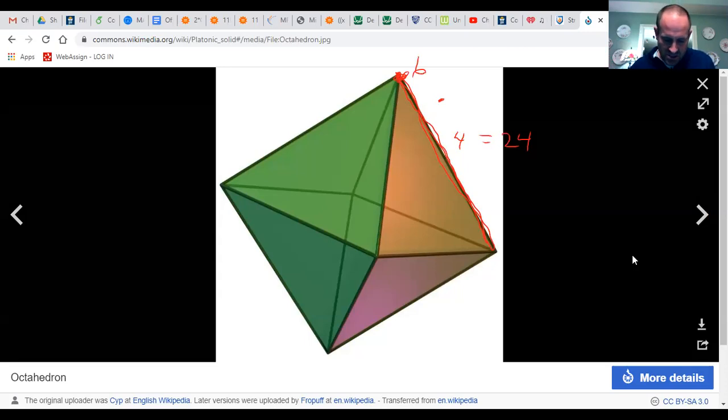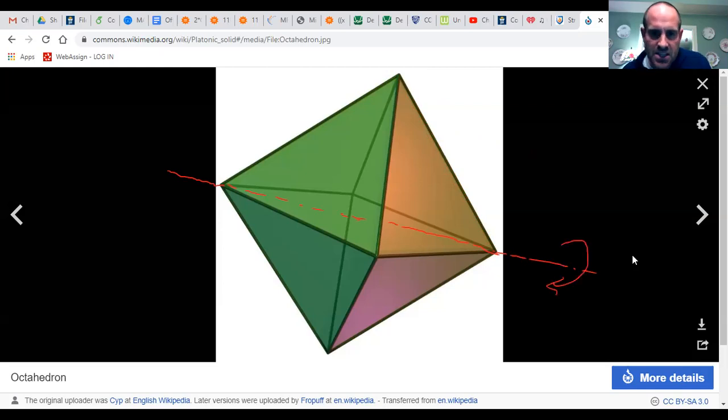Now let's see if we can actually construct all 24 of them. Well, there are some pretty clear ones here. For instance, if I go on an axis through a particular vertex through the middle of this thing and out the other opposite vertex, I can rotate around that, and that's going to generate several things.